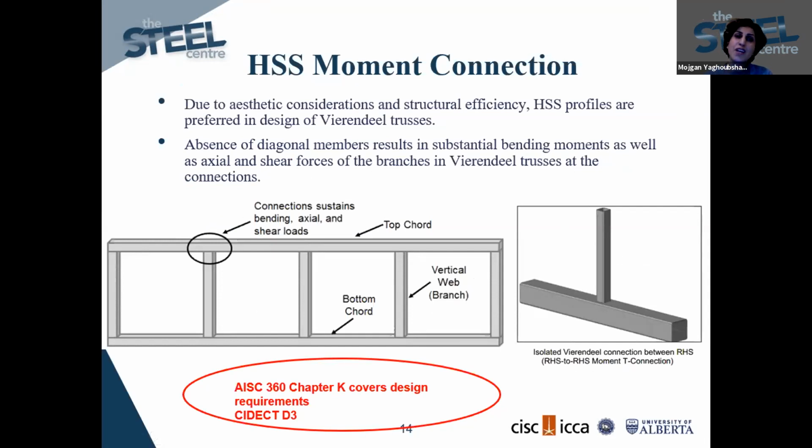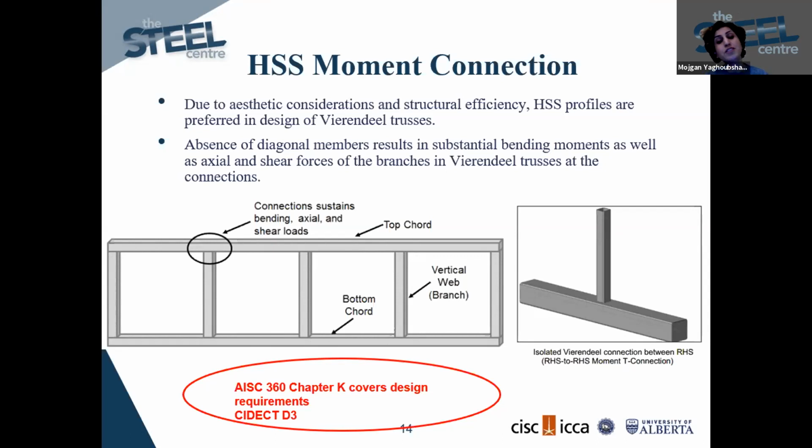And when we hear the term truss, all that comes to our mind is the simplest structural element, right? They only have axial forces, and the connections are pinned connections, simply supported. So the simplest structural element that we deal with. But it is not the case in a Vierendeel truss.